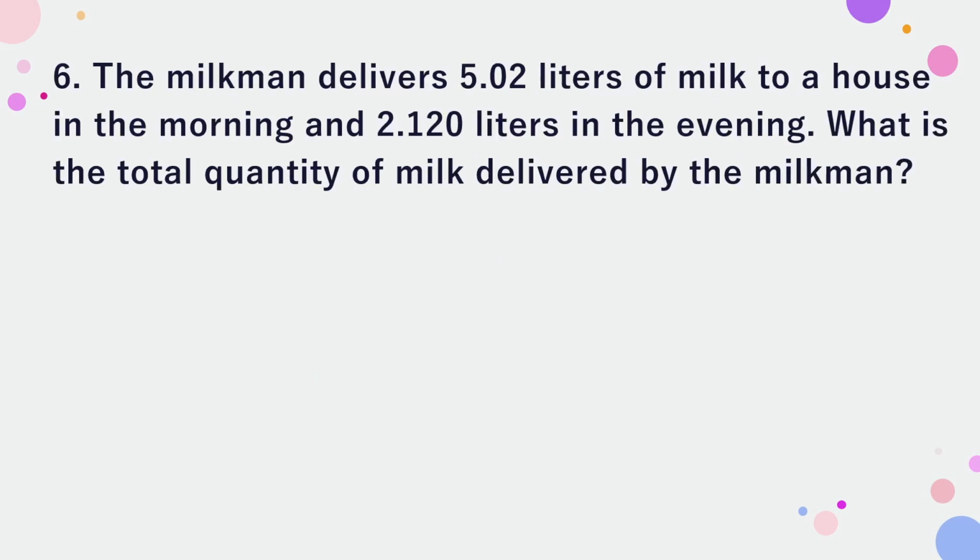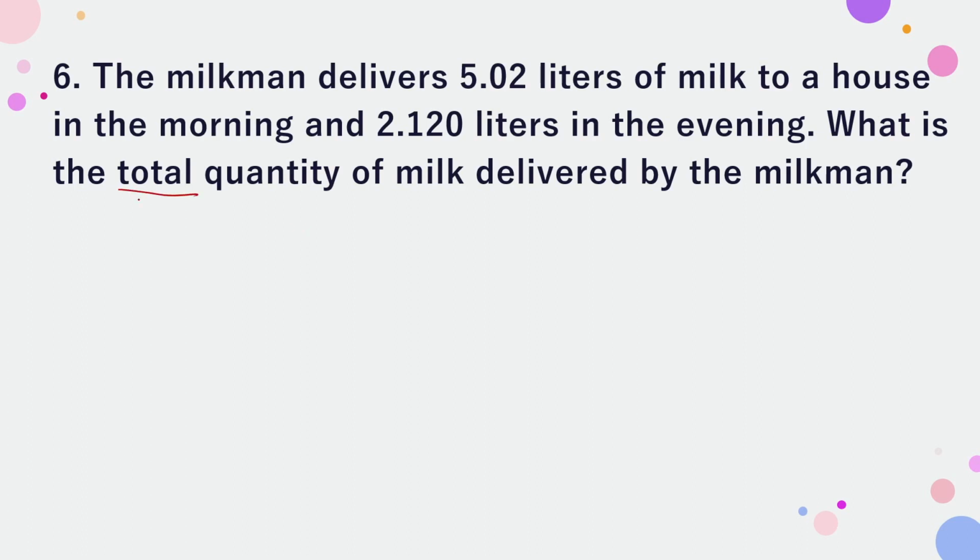Now let's move on to problem number 6. A milkman delivers 5.02 liters of milk to a house in the morning and 2.120 liters in the evening. What is the total quantity of milk delivered by the milkman? Add, sir. It is still an addition problem.